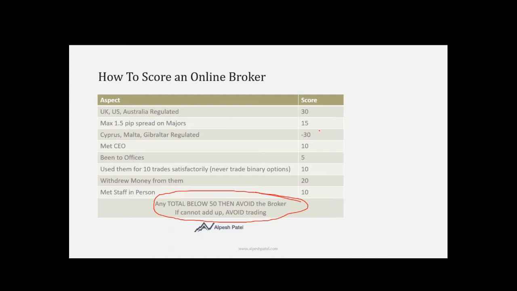There's only one broker I've ever approved as one that I use, which is based outside of UK, US, or Australia. There's only one. And the reason I approved them is because I had to go meet their CEO in order to get my scores up. I went to their offices.